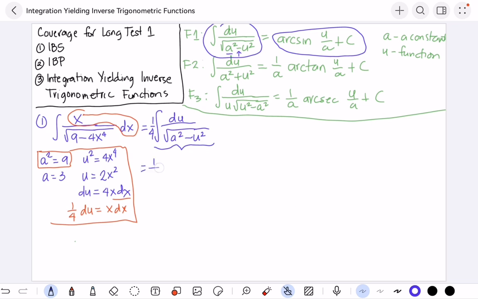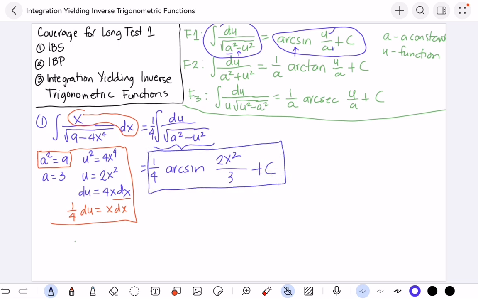I have a 1/4 outside the integral. Just copy that. And this part, using the formula, is just arc sine of u, where my u is 2x squared, over a, my a is 3, plus c. So therefore, this is the final answer.